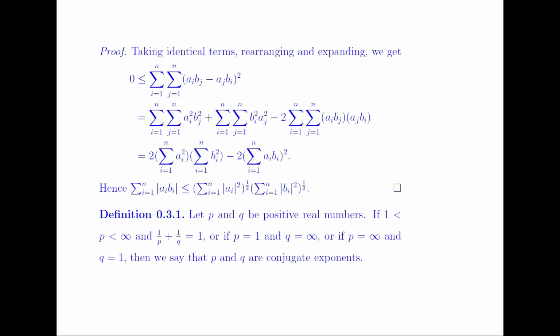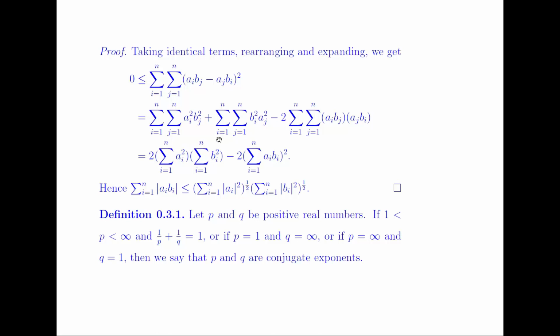Regarding this, we will take up the identical terms, rearranging and expanding them. We know that a whole square is always non-negative, so I consider the terms a_i b_j minus a_j b_i whole square over i and over j. Squaring the terms, we have a square plus b square minus 2ab, so just rearranging terms: a_i b_j square plus a_j square b_i square minus 2 times the product, over i and over j.